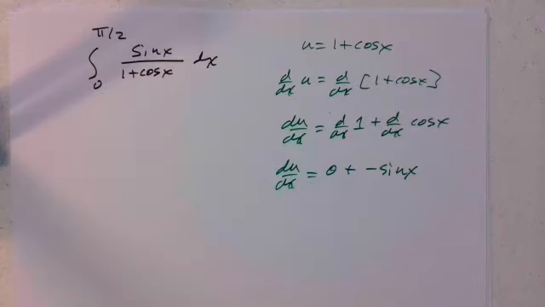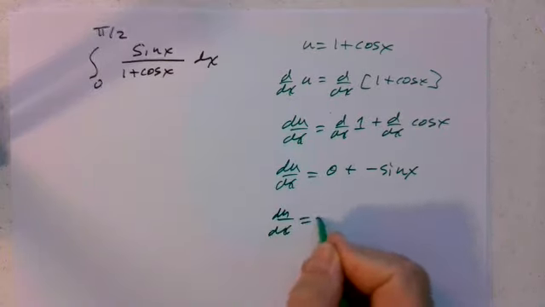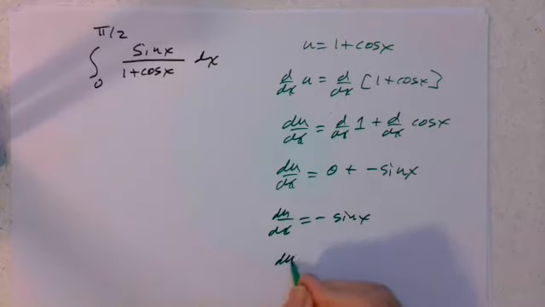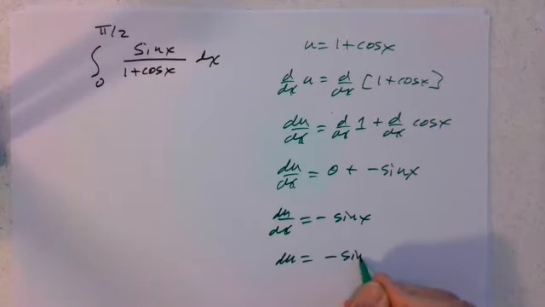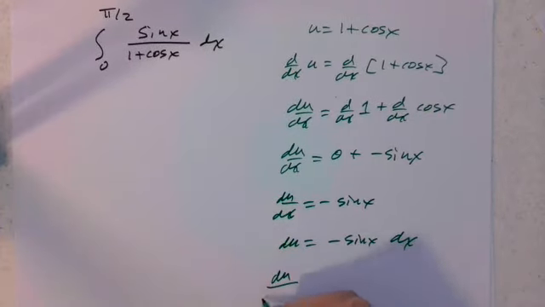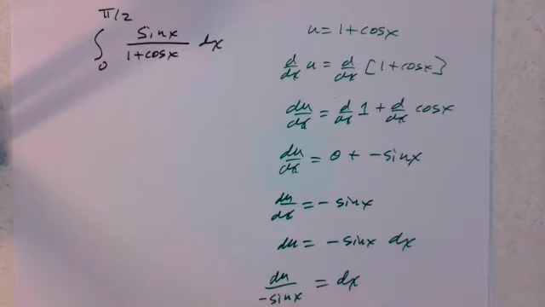So du dx is negative sine x, and du is negative sine x dx. I like to solve for dx, so we'll say du divided by negative sine x equals dx. But then I also need to figure out what my endpoints are.